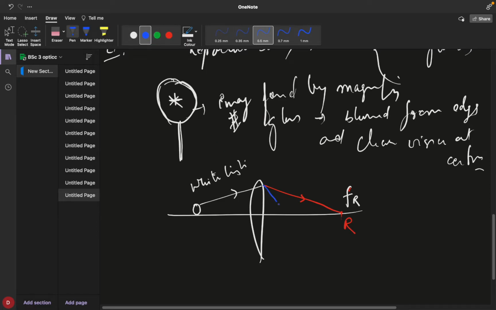Another color, say blue or violet, has focal length FB. So this region is chromatic aberration.